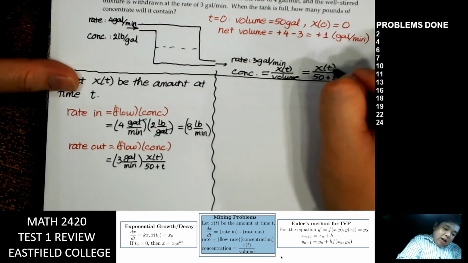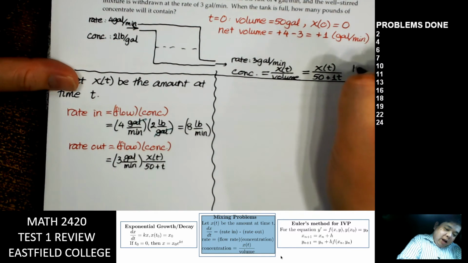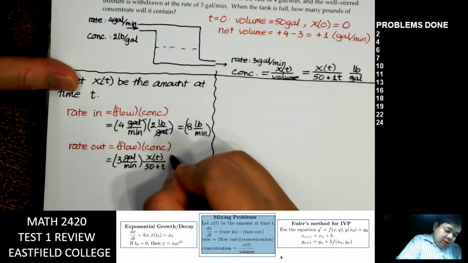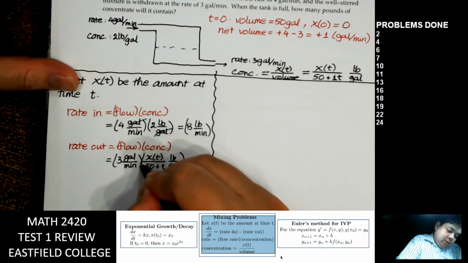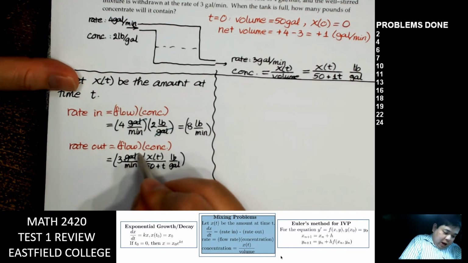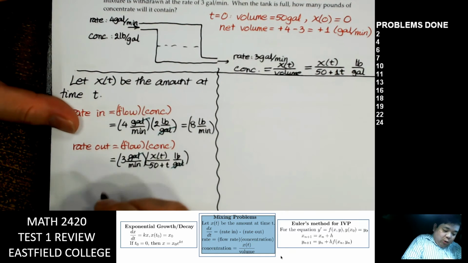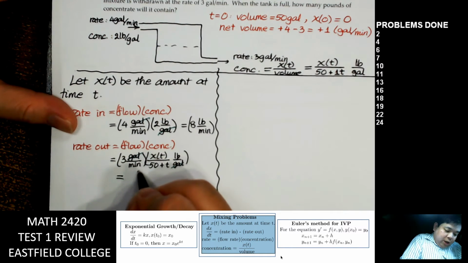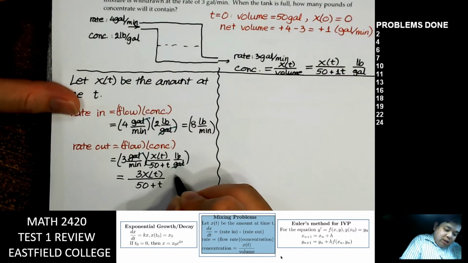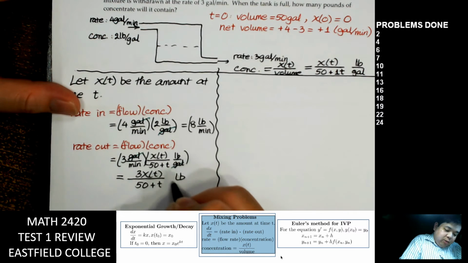Of course x of t is pounds, so pounds per volume, pounds per gallon. The gallons cancel out, so that will be equal to 3x of t over 50 plus t, with the unit pounds per minute.